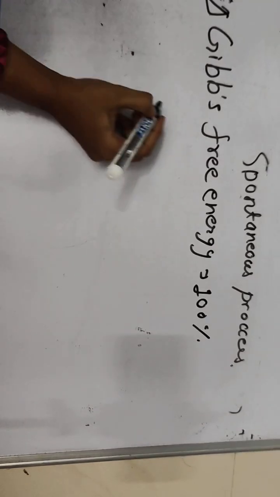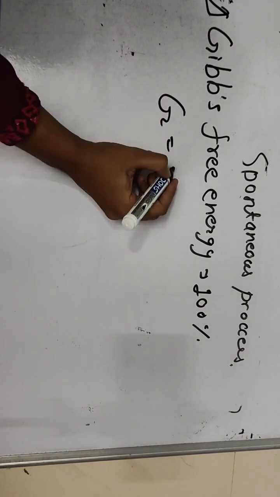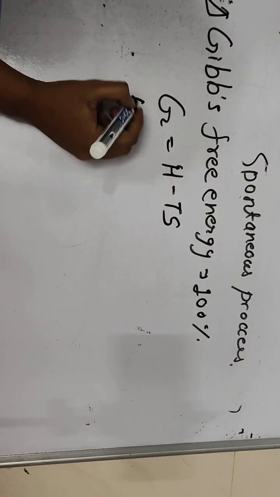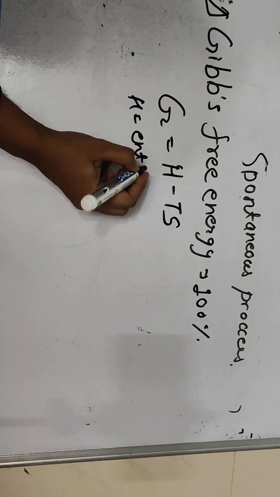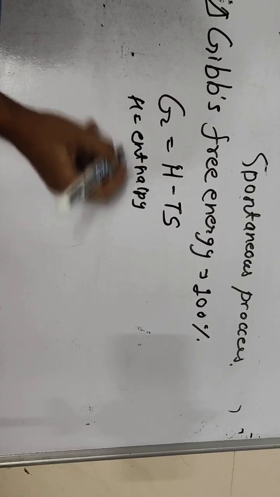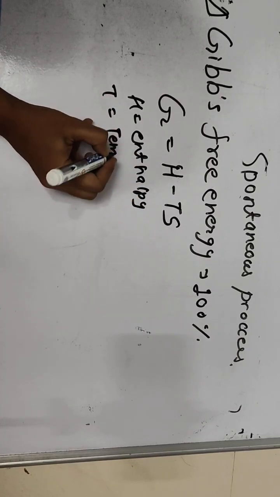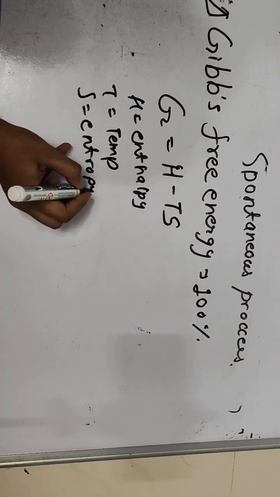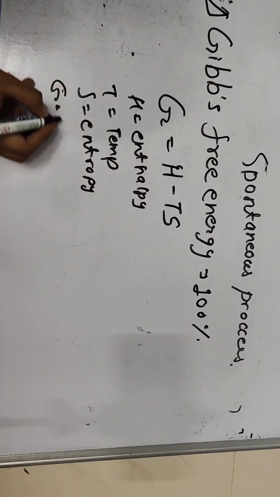So it is given by G = H - TS, where H is representing enthalpy, T is temperature, S is entropy, and G is Gibbs free energy.